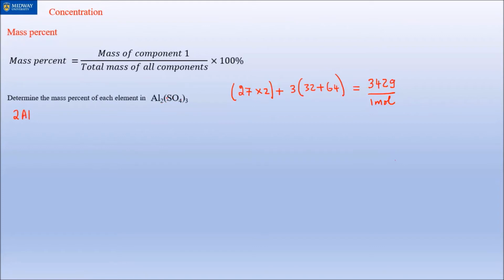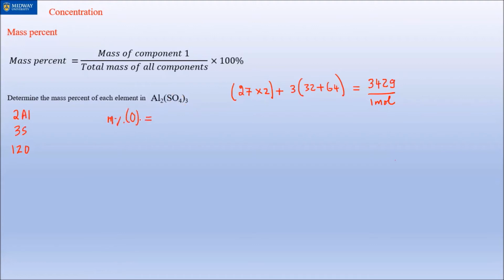That's only for what's within the brackets. So that's 3 sulfur and 12 oxygens. So how about we start with the difficult one of the pile, because people might generally think the bigger the number, the more difficult it's going to be. There's no such thing. So let's calculate the mass percent of oxygen.